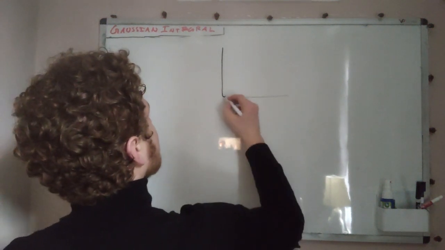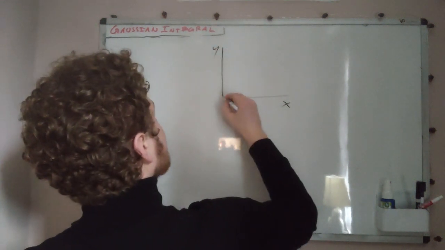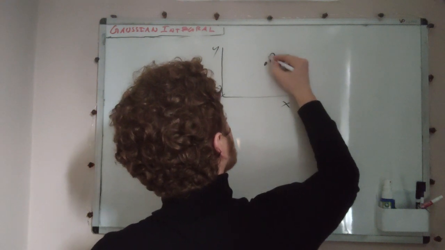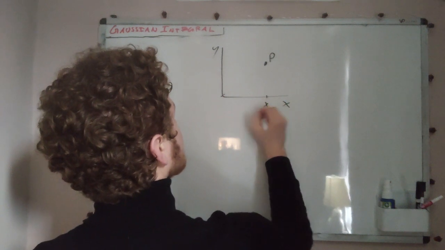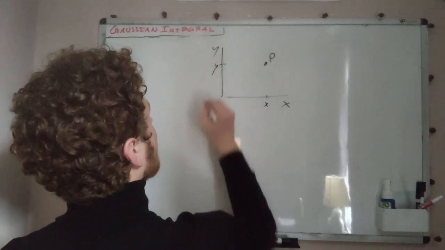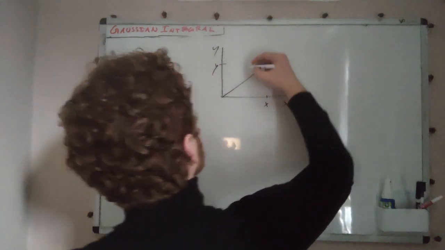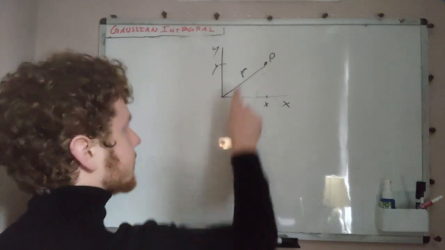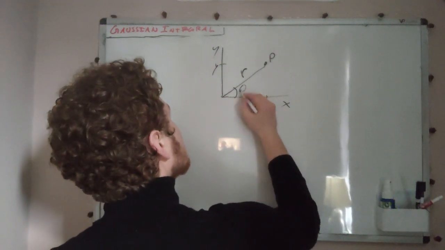So if we imagine our typical xy Cartesian plane, and we have a point P here, and we say that this distance is length x and this distance is length y, and we attribute this length to r. Remember, this is a magnitude value r, and we say this is the angle theta.